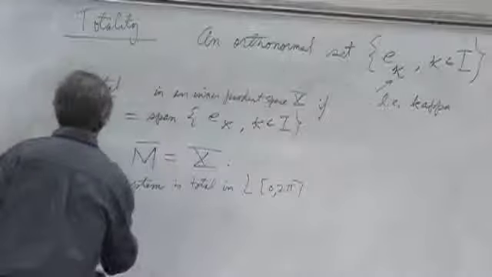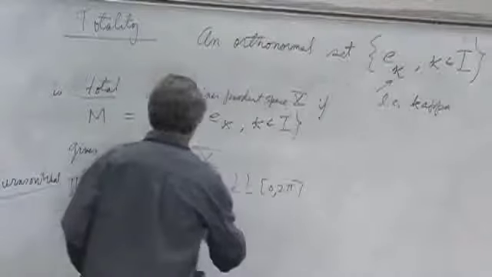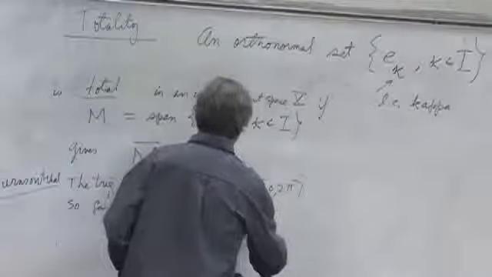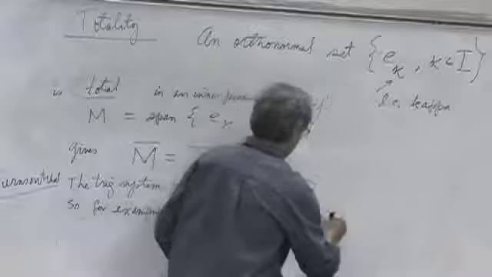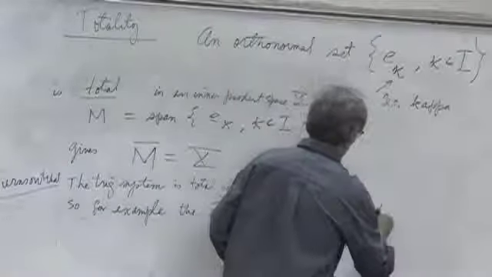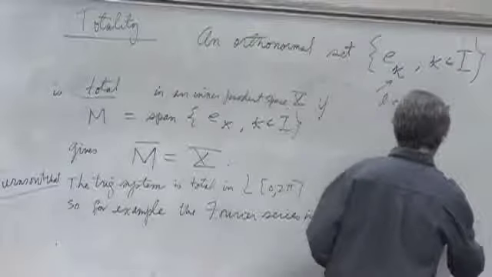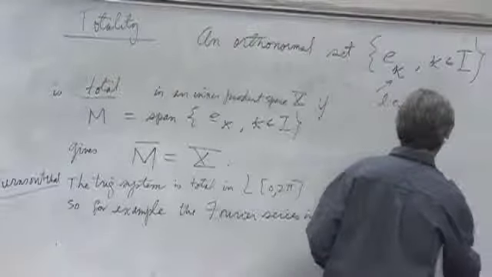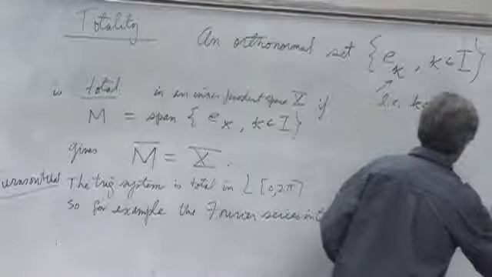So, for example, the Fourier series, which I didn't have time to develop here, in the notes for x of t equal the periodic extension of the function of, let's see, what did I take?